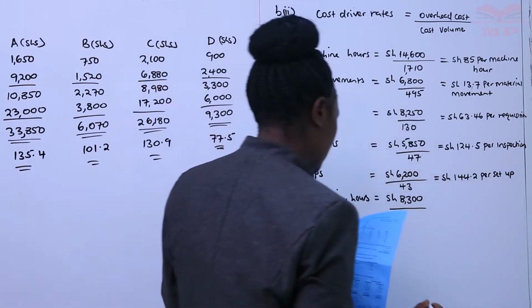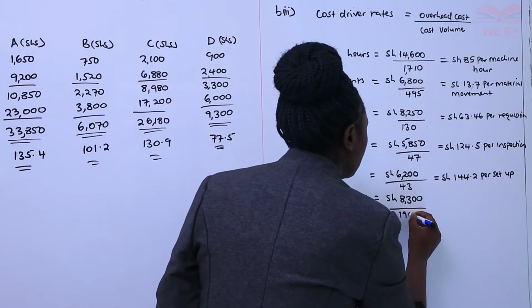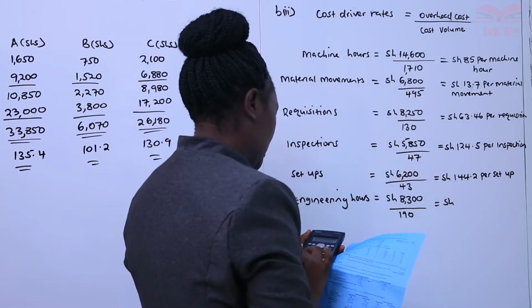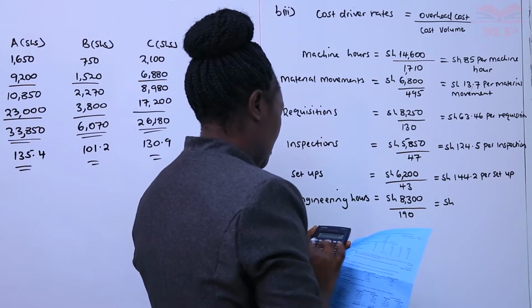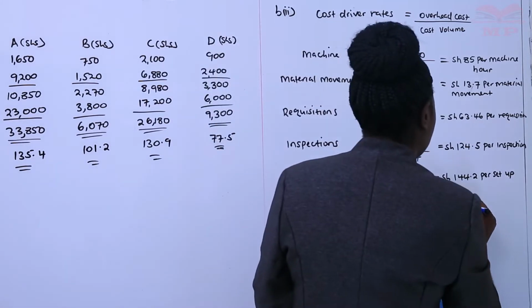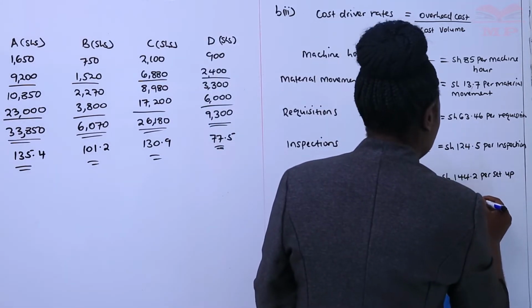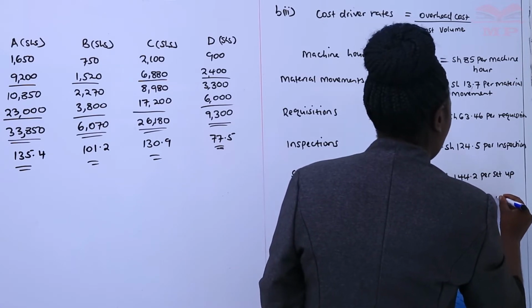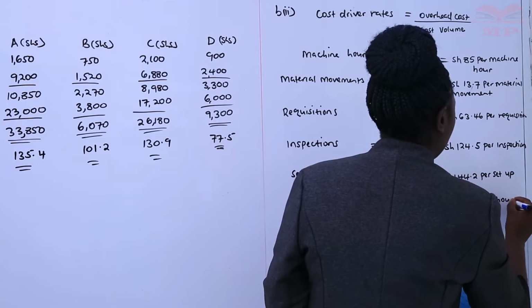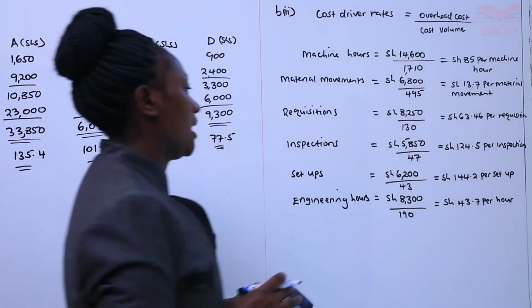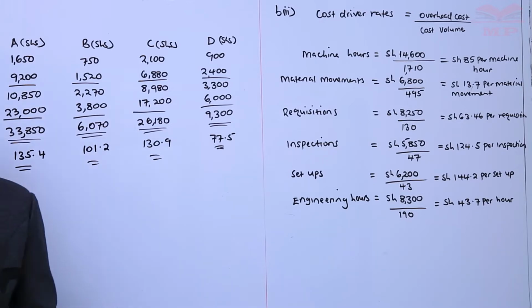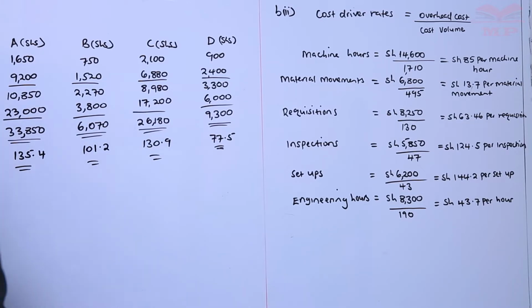We divide this by the volume, which is 190, and this will give 43.7 shillings per engineering hour. So that is the first step that you need to do.